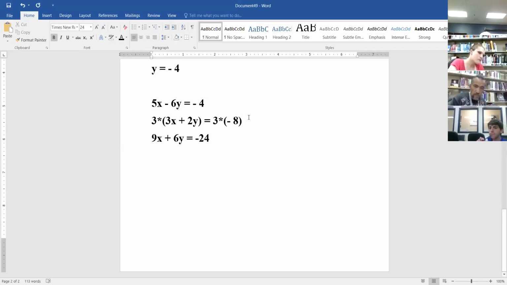So now if we add the first equation and our modified second equation, wait a minute, yeah. If we add these, we get 14x plus 0. -6 plus 6 is 0, right? Equals -28.